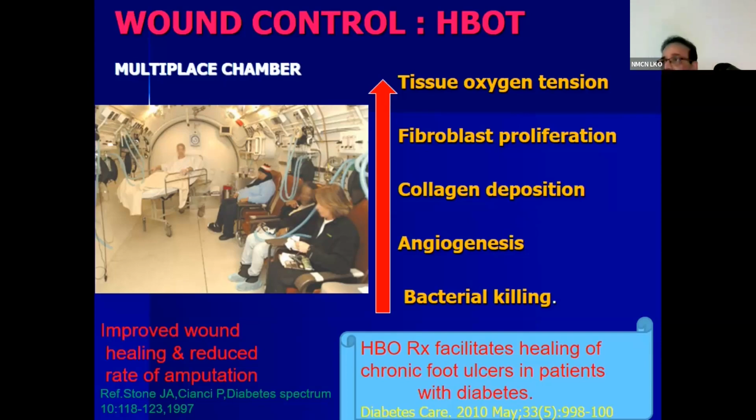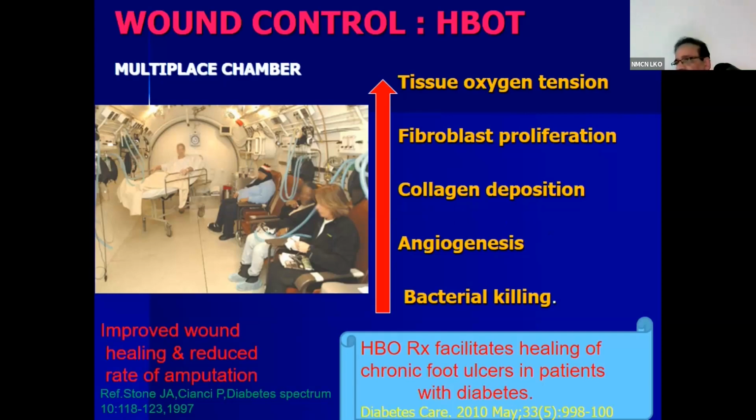And in a number of trials, they have proven that improved wound healing has been noticed with a reduced rate of amputation. But mind it, in my thinking, this HBOT is effective in vascular ulcers, say when there is impending gangrene, or when there is gas gangrene, as I told you, one of the indications is there.